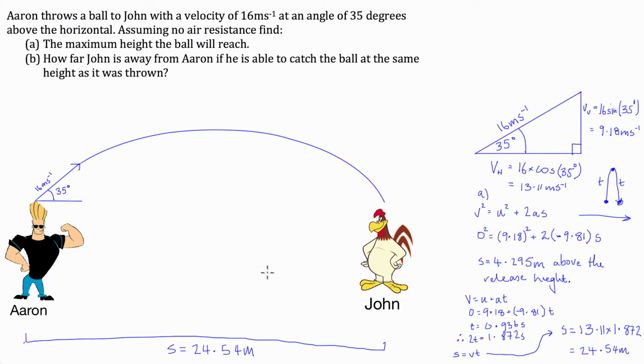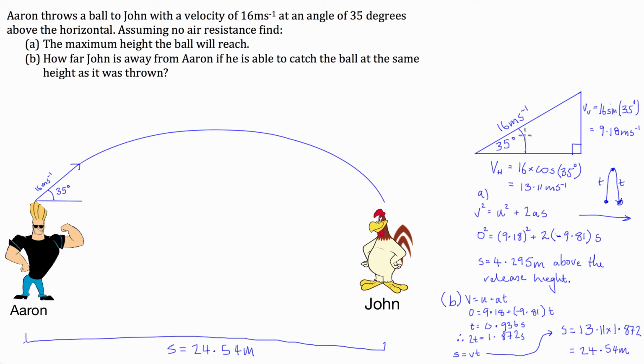Cool. So basically what we've got there is this is our A, this is our B here. So for A, we calculated, to start with, the components of the release velocity. We calculated using trigonometry what the horizontal component and the vertical component were of the initial velocity.